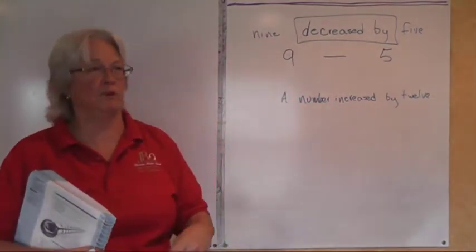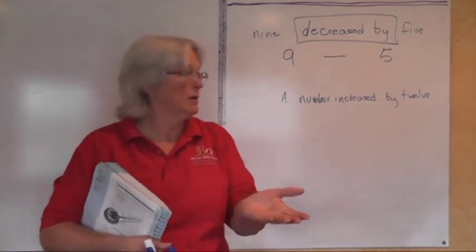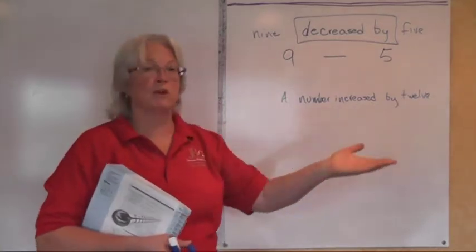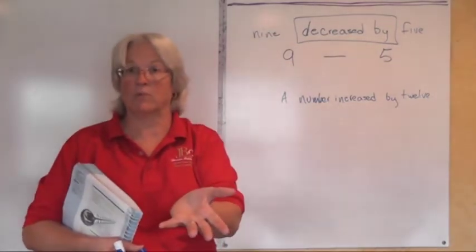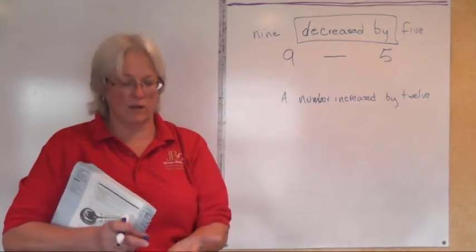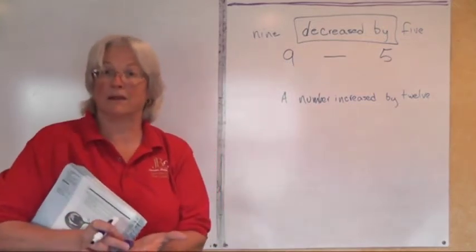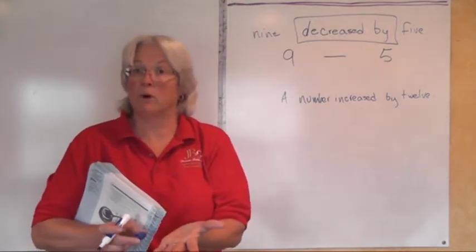This next one right here, a number increased by 12. Well, what happens if you have a number of M&Ms in your hand? You have 3 M&Ms, and it's increased by 12. How many M&Ms do you end up with? Yeah, of course, you end up with 15 M&Ms, because you started with 3 M&Ms and Mom gave you 12 more.